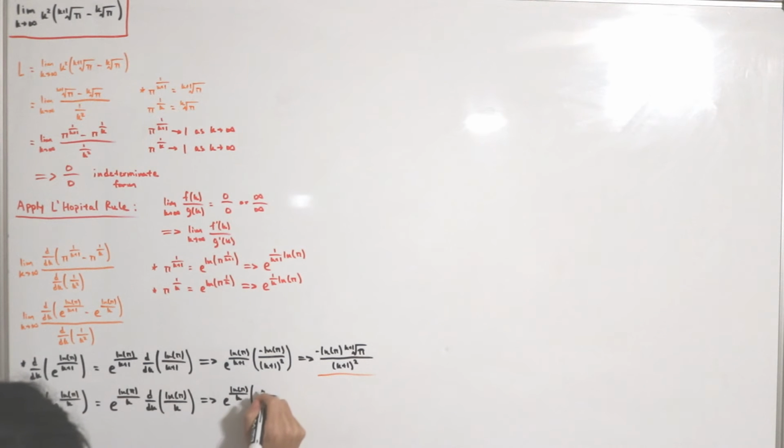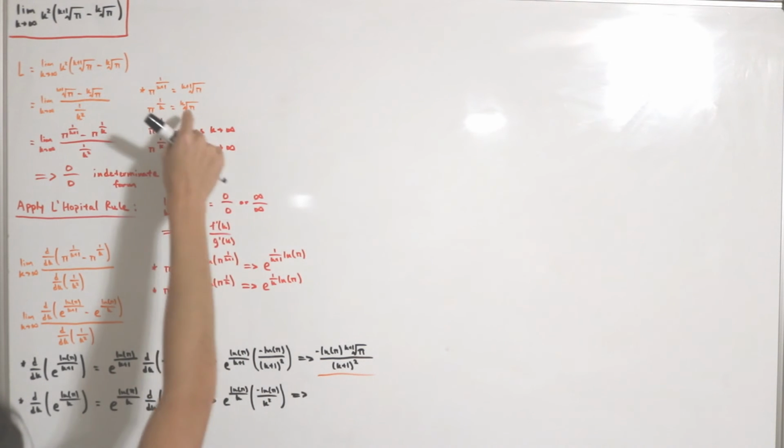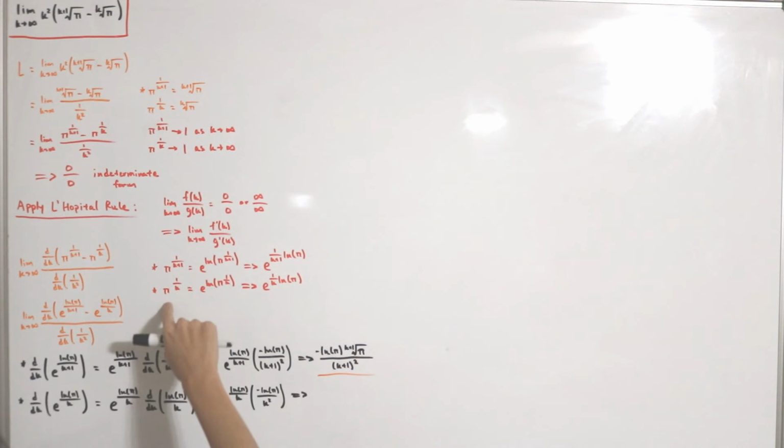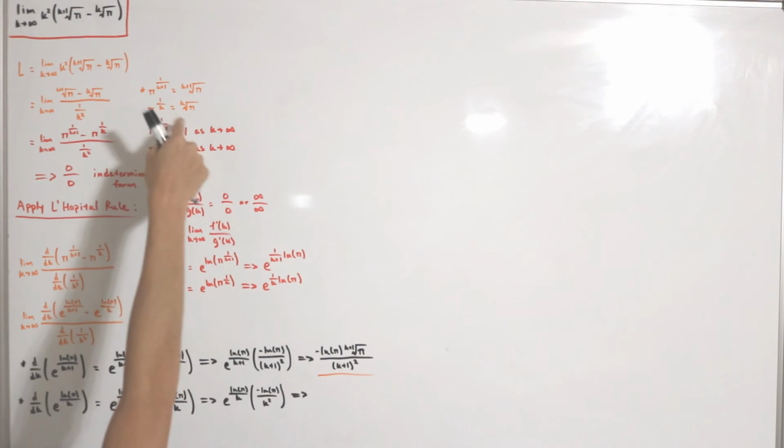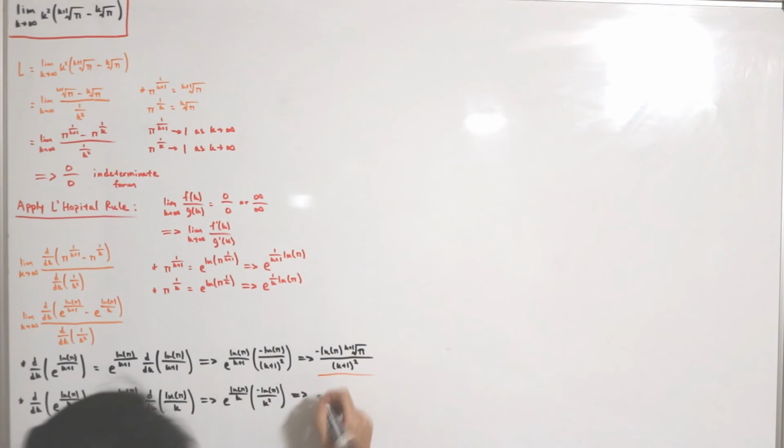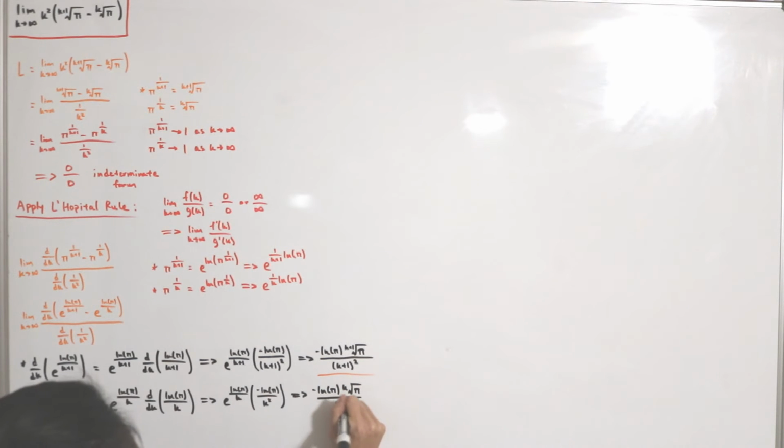Then subtract the natural log of pi multiplied by the derivative of k, which is just 1, so we get negative ln of pi. And then I'll substitute back e to the natural log of pi divided by k with pi to the power 1 over k, which is the same thing as the kth root of pi. So this is the negative ln of pi, k root of pi, and then divided by k squared.